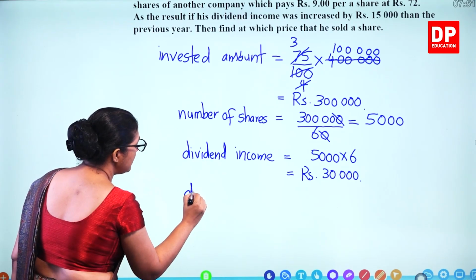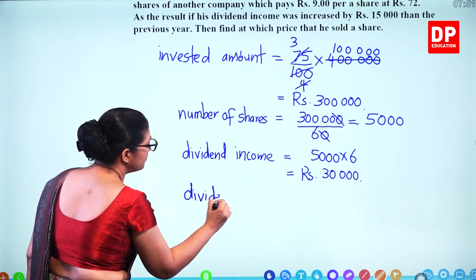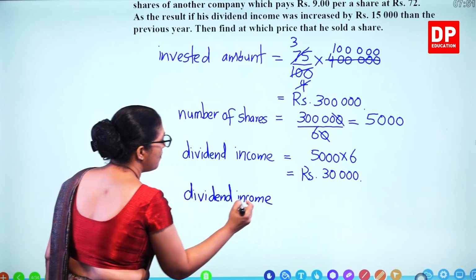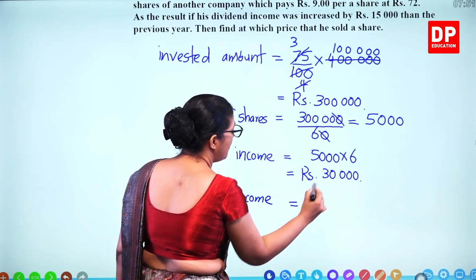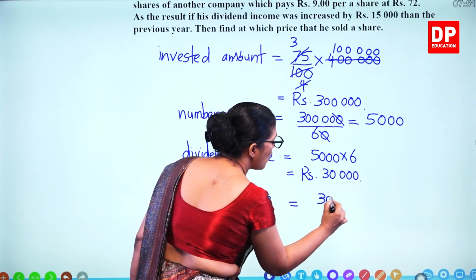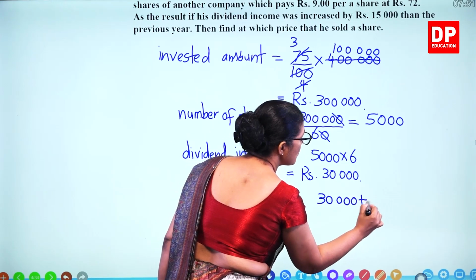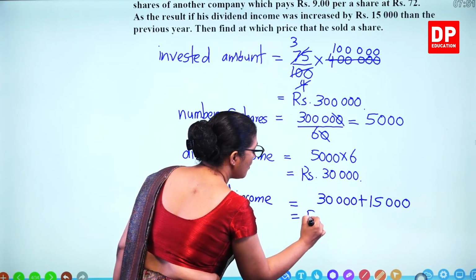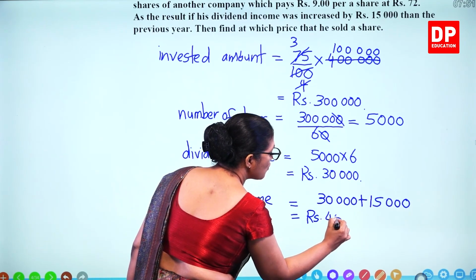So dividend income becomes 15,000 more than the previous one. So 30,000 plus 15,000, you get 45,000.